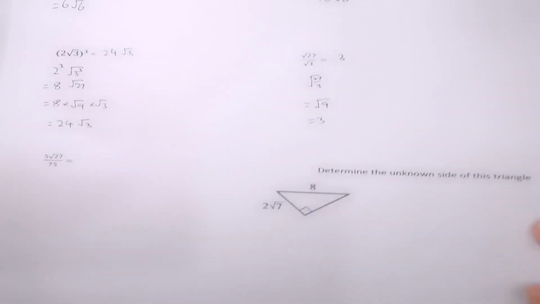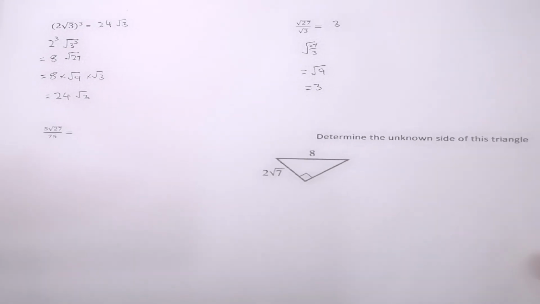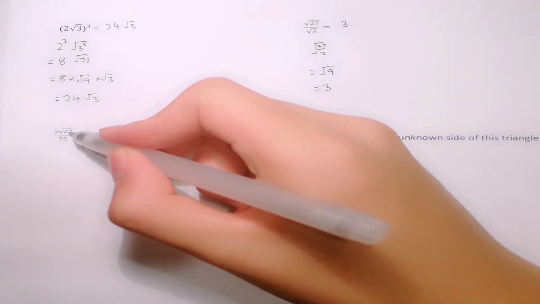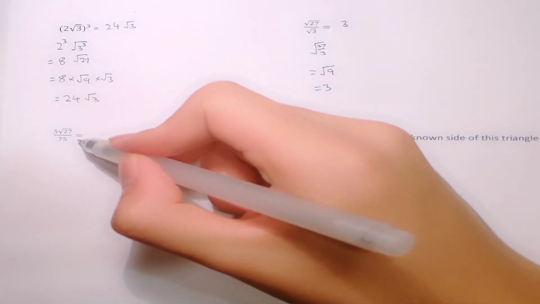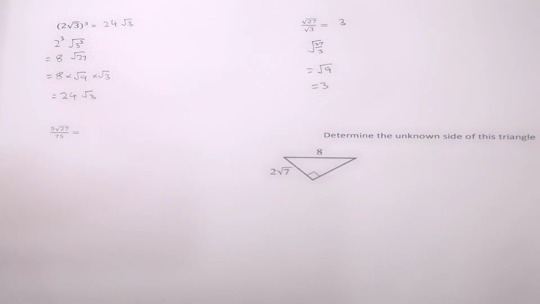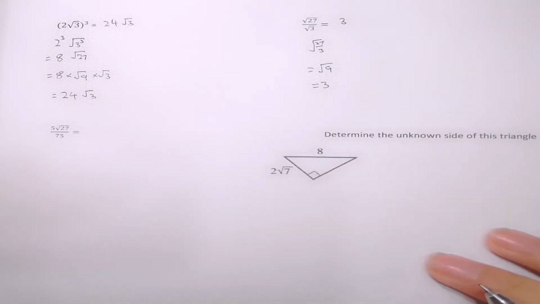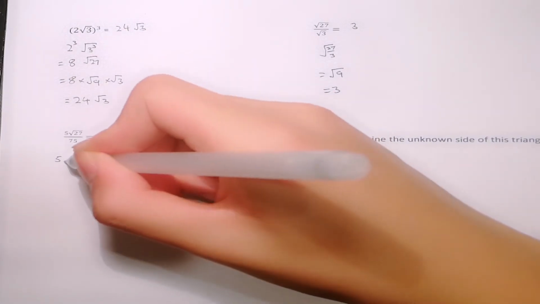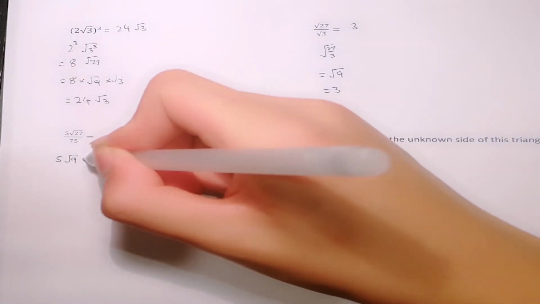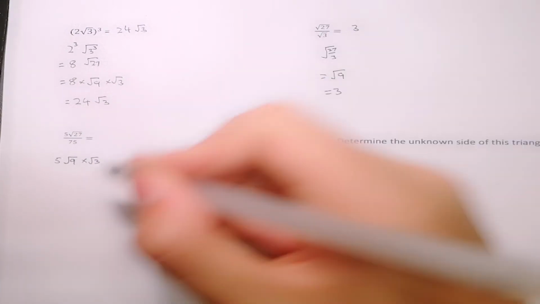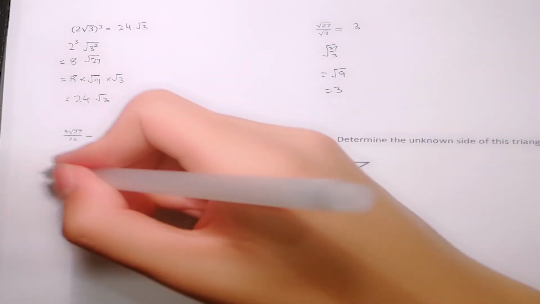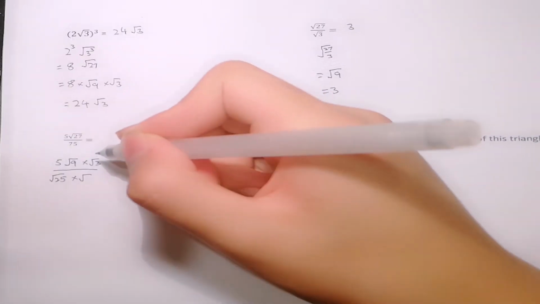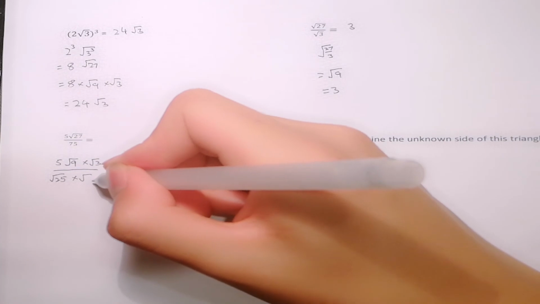And on our last two questions, here we simplify the numerator and denominator first, and then we will divide both. So for the numerator, we have 5 times the square root of 9 times the square root of 3, over the square root of 25 times the square root of 3.